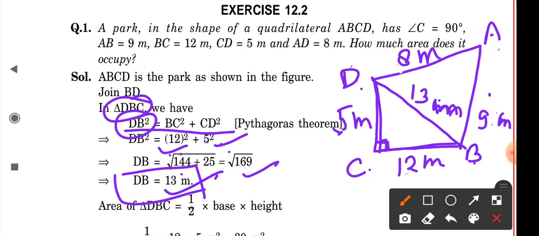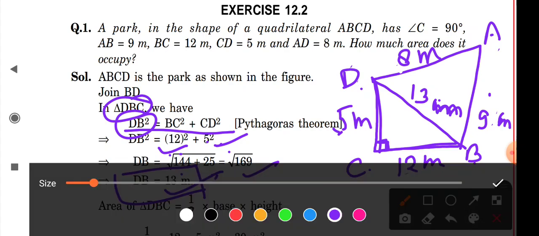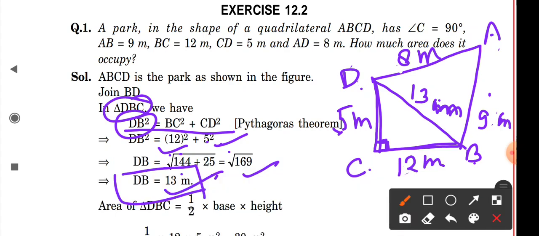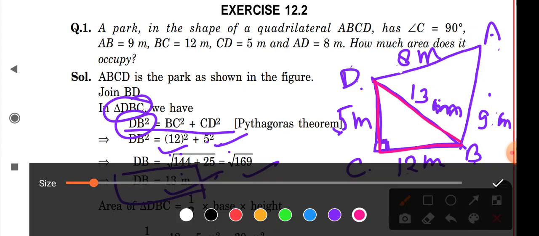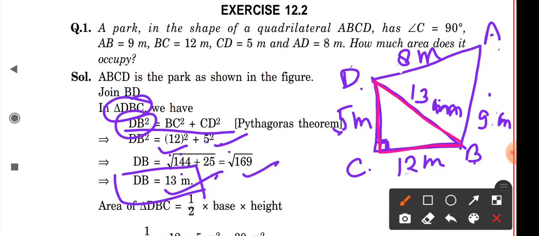Now you can easily find out the area of the two triangles, DCB and ABD. You can write them as first and second triangle.